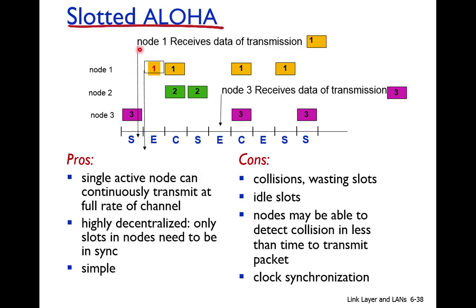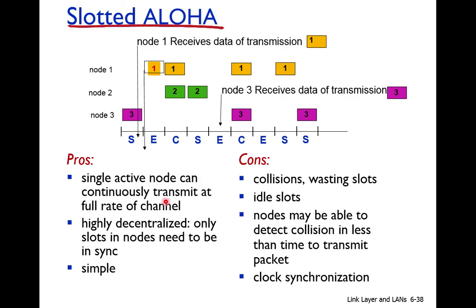But in pure Aloha, node 1 will start transmission, so the packet of node 3 and the packet of node 1 will both be lost. The slotted Aloha avoids this situation, so it has a lower probability of packet collision.